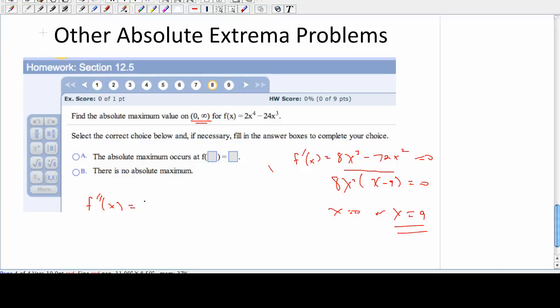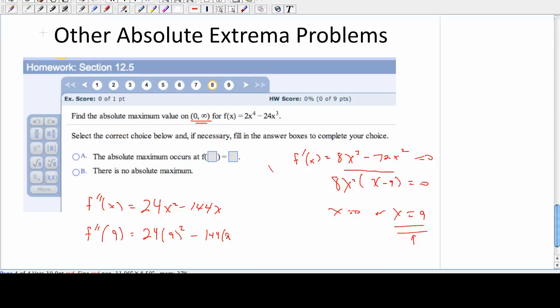The second derivative in this case is 24x squared minus 144x. Now, I'm not trying to solve whether it's equal to 0. I don't really care. What I want to know is what's happening at 9. Remember, 9 was the only critical value that I found. So if I put 9 in here for x, I'll have 24 times 9 squared, which is a pretty big number, minus 144 times 9.